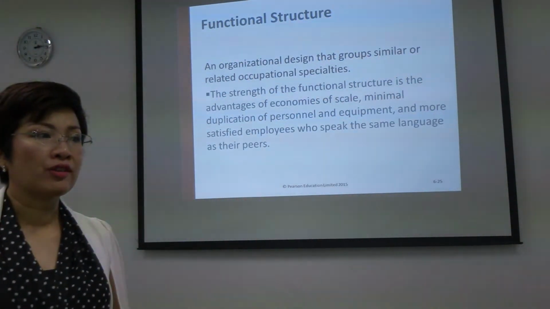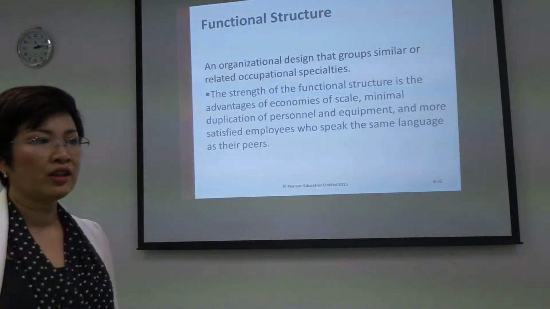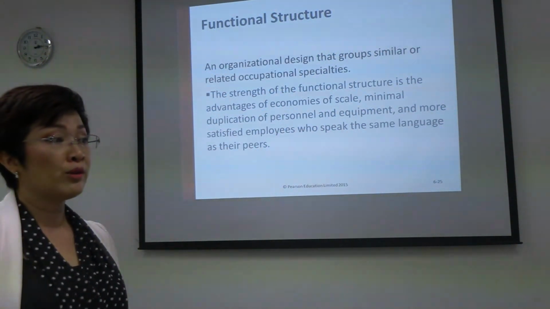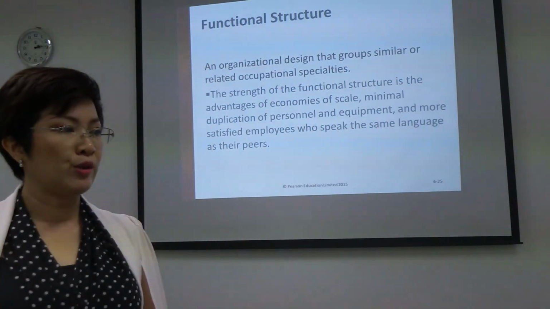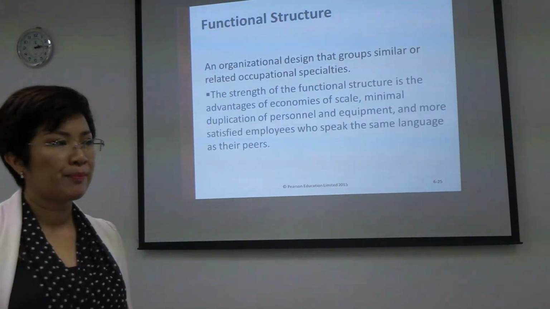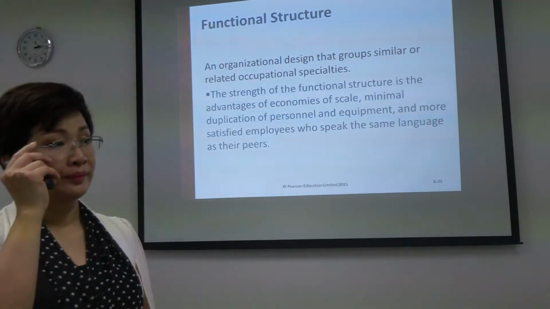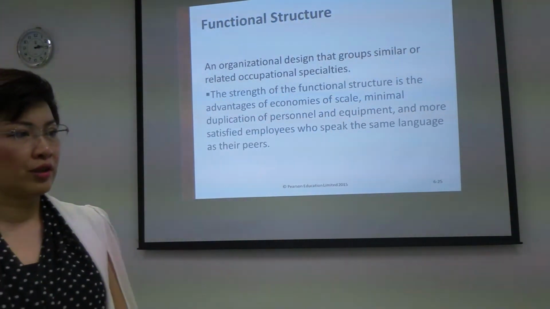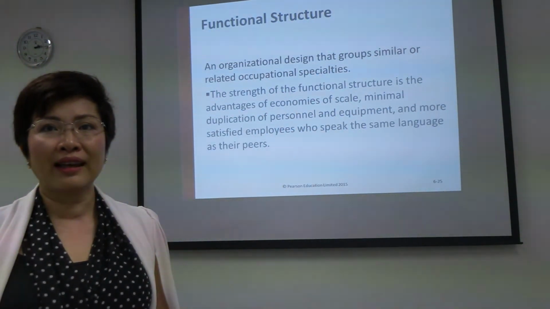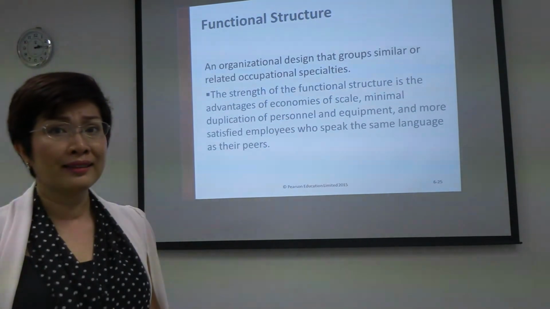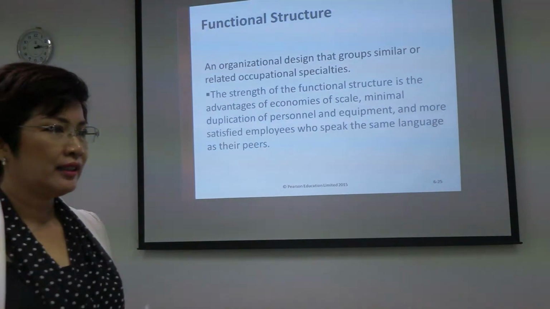The strength of the functional structure is the advantage of economy of scale, minimal duplication of personnel and equipment, and more satisfied employees who speak the same language as their peers or co-workers. Again, functional structure is mechanistic, and it's the traditional, old style version of the organization.